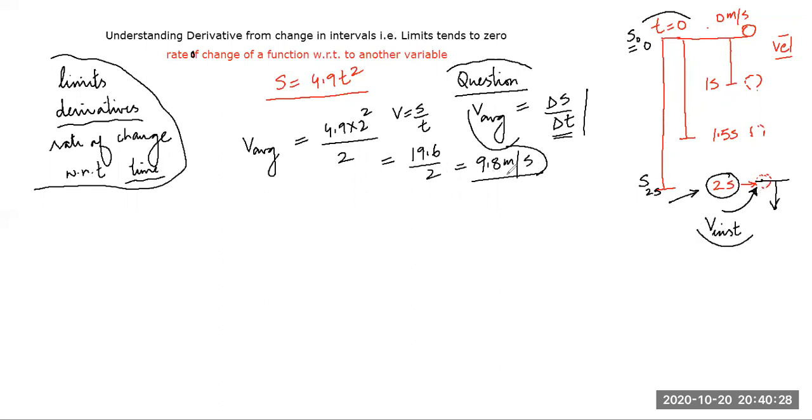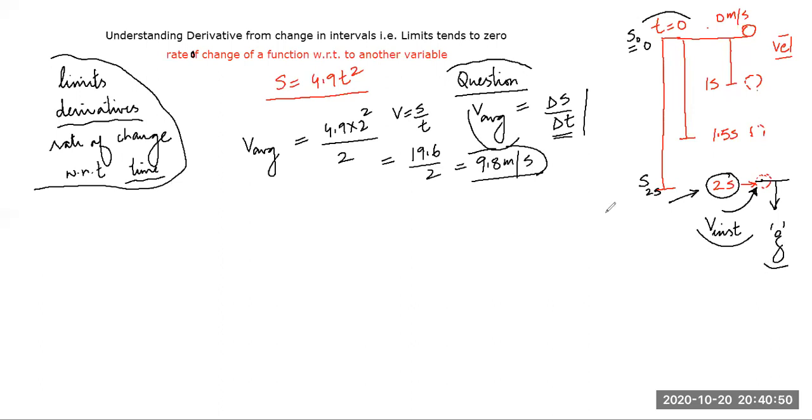It wasn't possible. This 9.8 figure was misleading because intuitively a concept-oriented student thought that it might not be the correct value, because velocity is changing as time is increasing, under the effect of gravity.